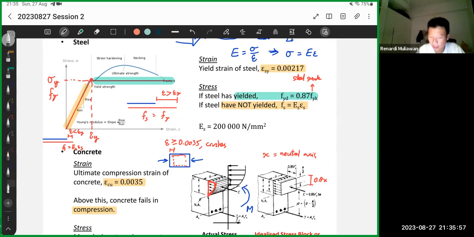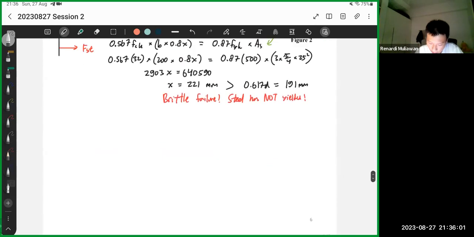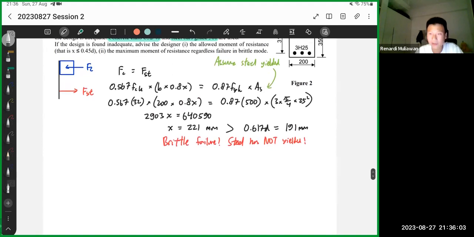Again, the stress and strain relationship. So let's go back. So in this case, you need to find the neutral axis. Wait, let me think. ES times strain of steel.